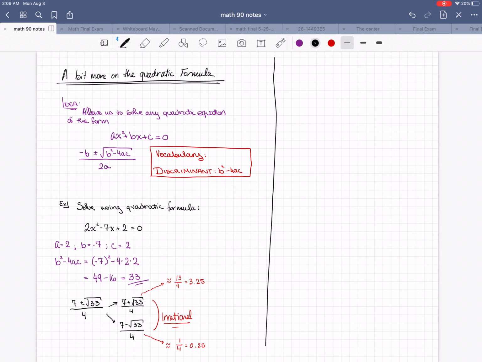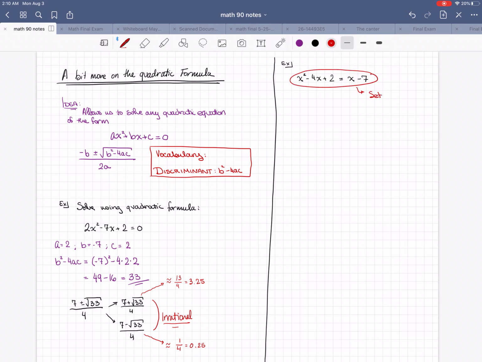So that's how we use the quadratic formula to solve a quadratic equation. Note, and I'm going to start this example, but I'm not going to finish it. I'll let you finish it on your own. If you have something like x squared minus 4x plus 2 is equal to x minus 7, and you're told to use the quadratic formula to solve this equation, I'm only going to say this much.